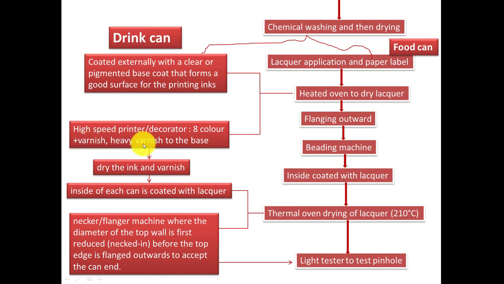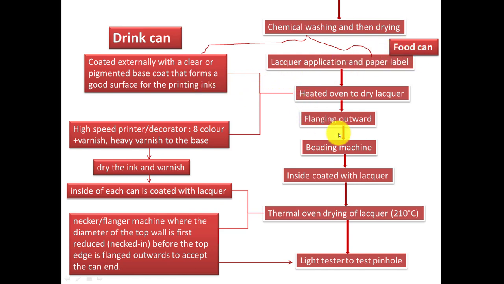So varnish is applied on the bottom side also. A heavy varnish is applied on the bottom of the drink can just to provide extra strength. After this, there is drying of the ink and the varnish, and finally the inside of the can is coated with the lacquer.